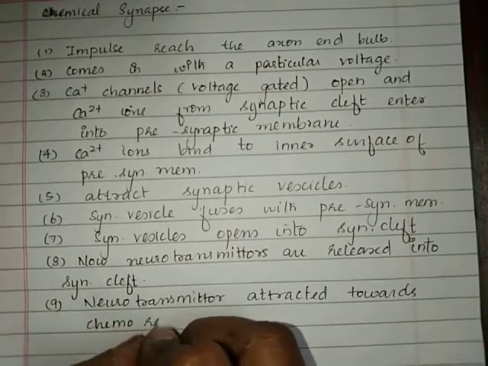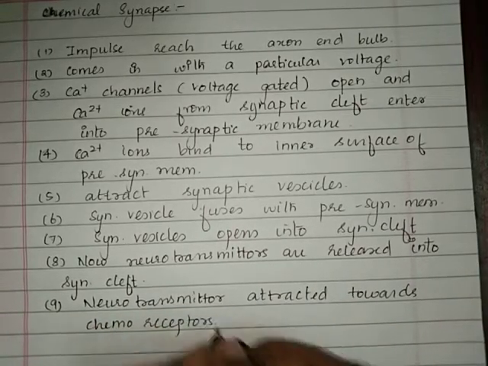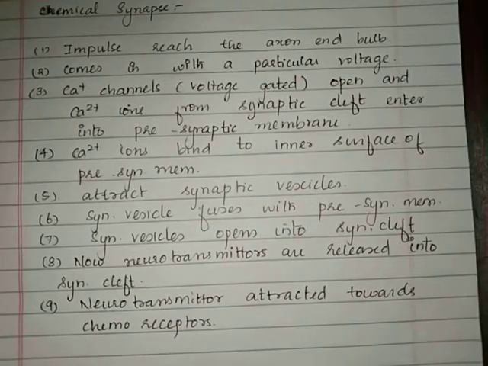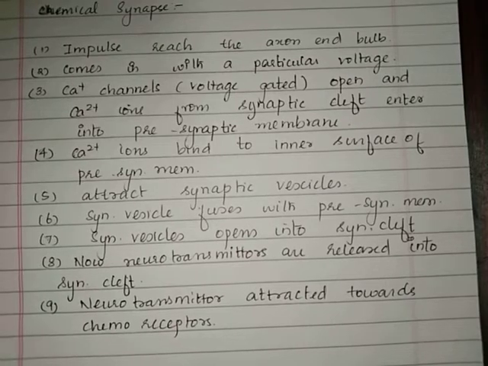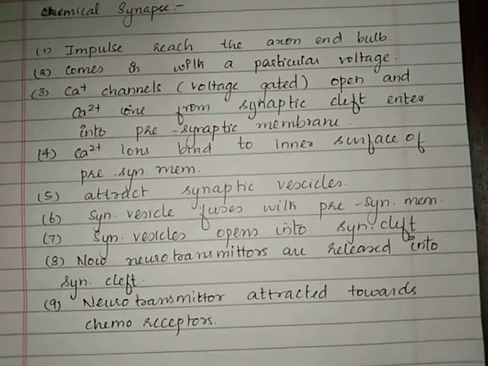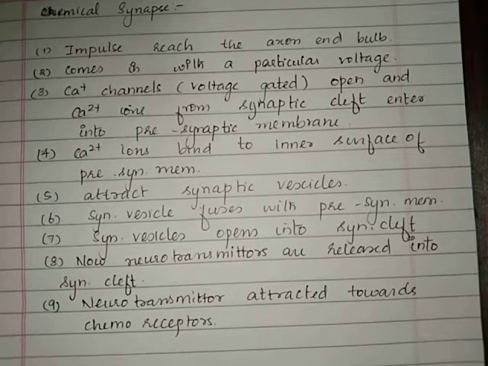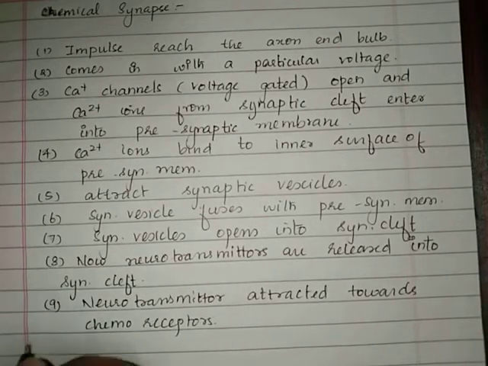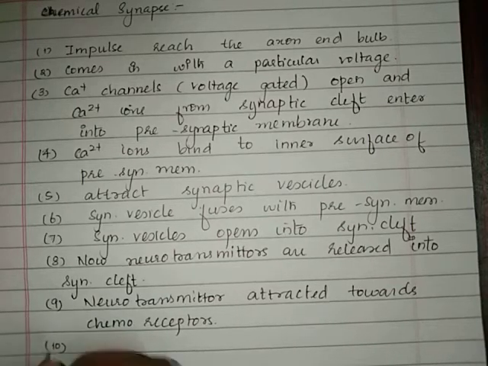Chemoreceptors are nothing but substances that receive some chemicals. There are many types of neurotransmitters, like acetylcholine, adrenaline, dopamine and so on. For these neurotransmitters there will be receptors. Once a neurotransmitter is received, it goes to its particular receptor and is going to bind.